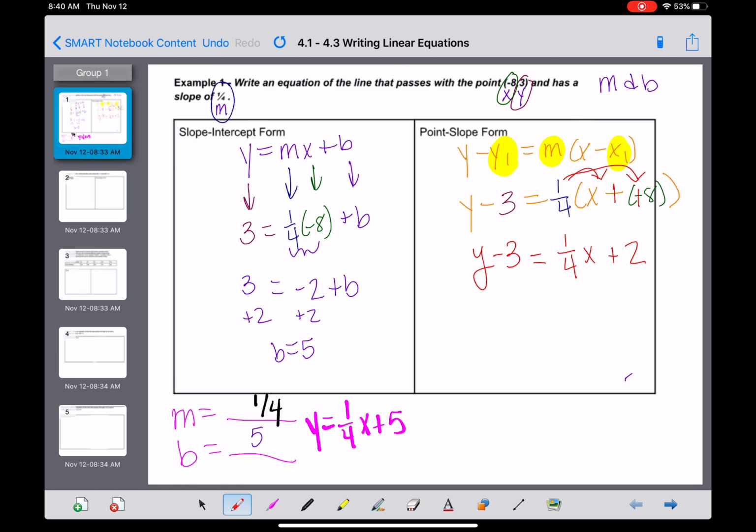And then to isolate y, we add 3 to both sides, and that gives us our final answer of y equals 1/4 x plus 5. So 2 different ways to arrive to the same exact answer. You can either use slope-intercept form or point-slope form, whatever you are more comfortable with.